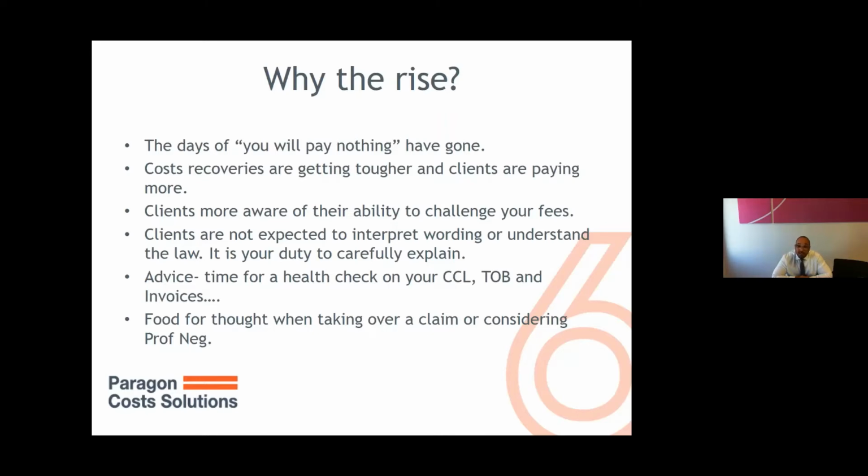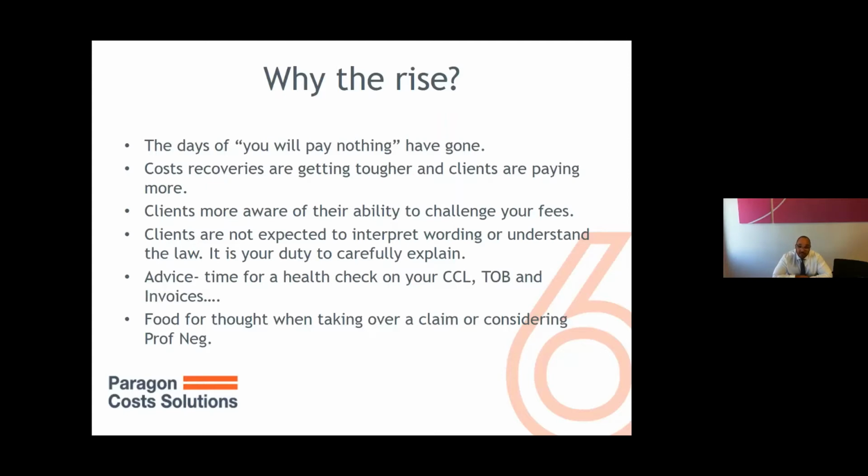I think clients are now more aware of their ability to challenge your fees. There are companies out there who shall remain nameless, but they're doing very well out of encouraging clients to have a go. And clients can't be expected to interpret the wording or understand the law. It's your duty as solicitors to make sure that everything is carefully explained in plain English to someone who is not sophisticated in dealing with litigation.